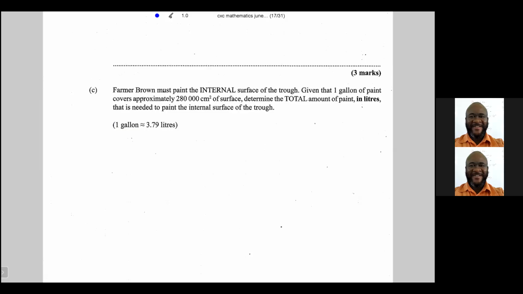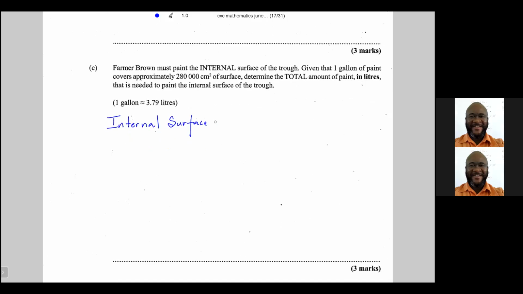So the internal surface area, well, if we use a formula, it would be equal to PH plus A. There's only one A as an internal surface, there's no top.